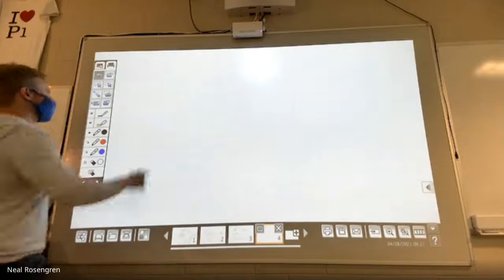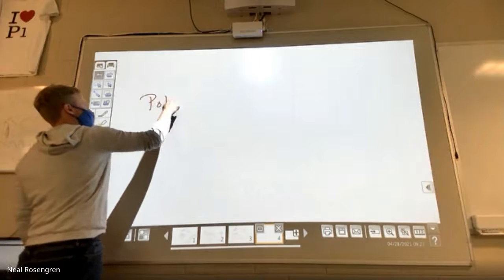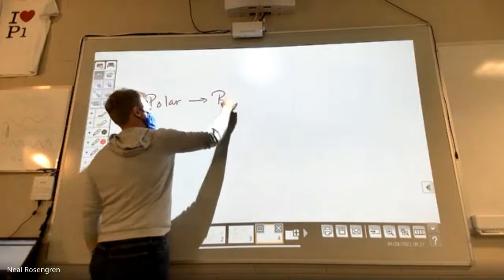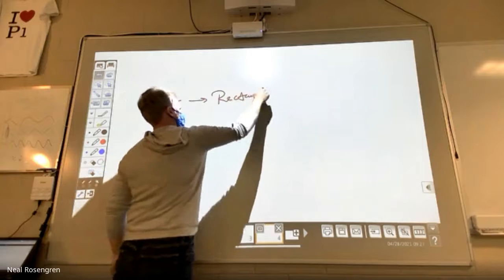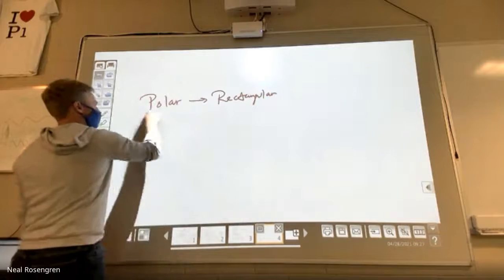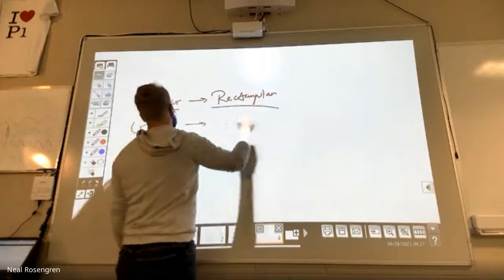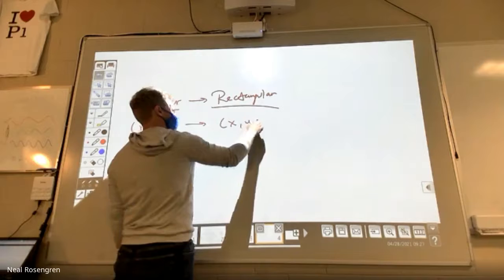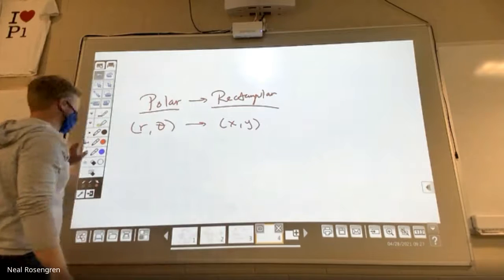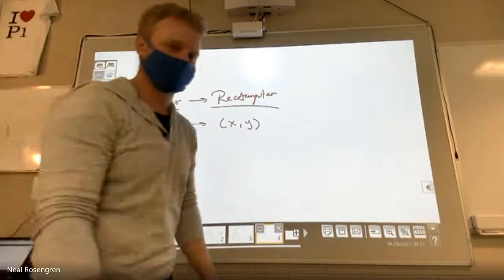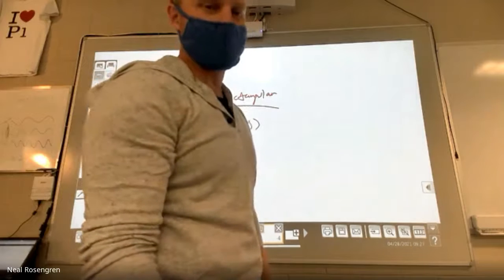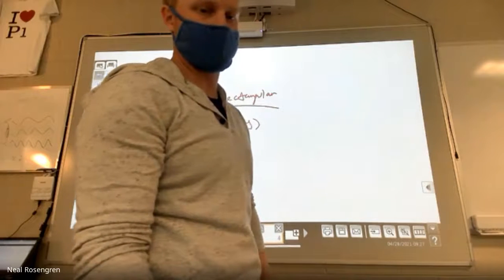So you know rectangular to polar. Now let's go polar to rectangular. Meaning I'm starting in r, theta, and I want to end in x, y. I think it's even easier than going the other way, which is why I think they asked us to go the way that they did.